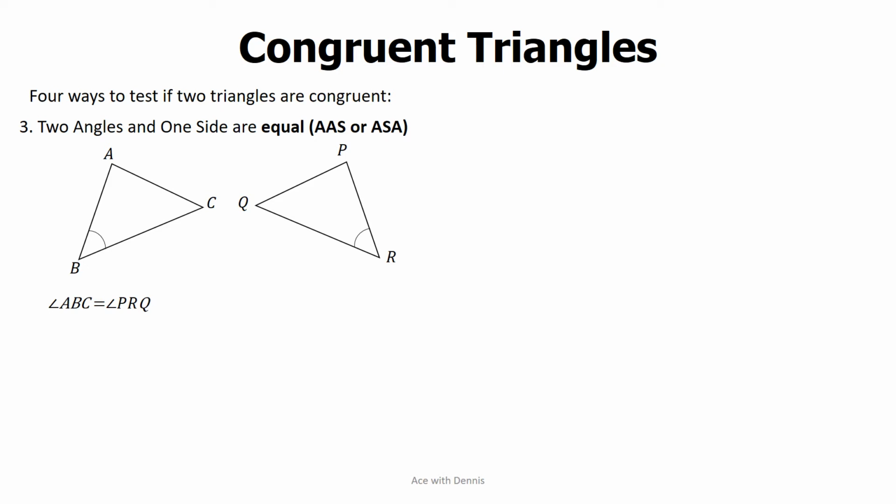If angle ABC equals angle PRQ, the side AB equals the side PR, and the angle BAC equals the angle RPQ, so these three conditions are met. Therefore, by ASA, triangle ABC is congruent to triangle PRQ.